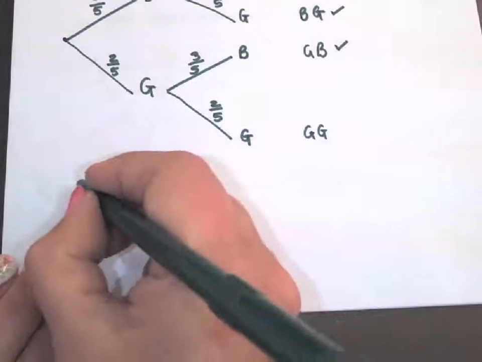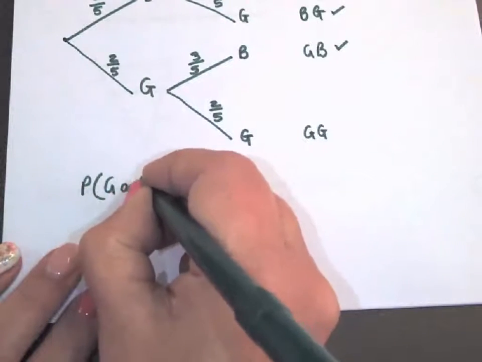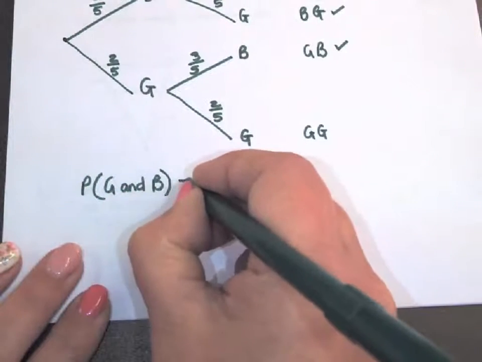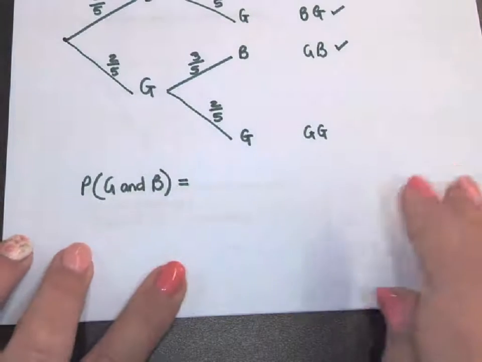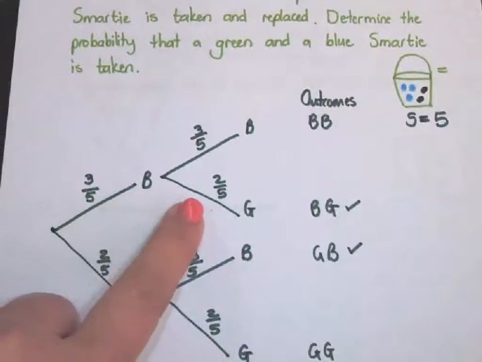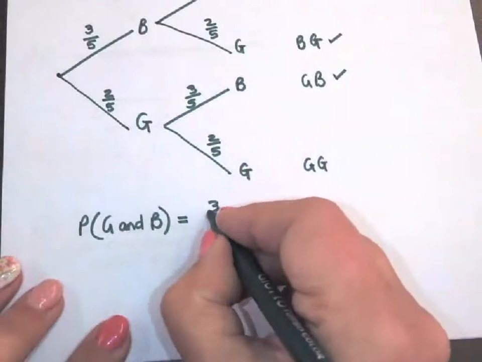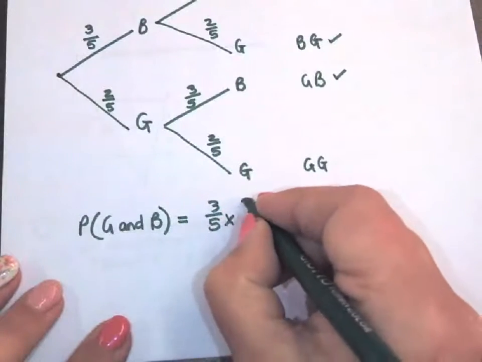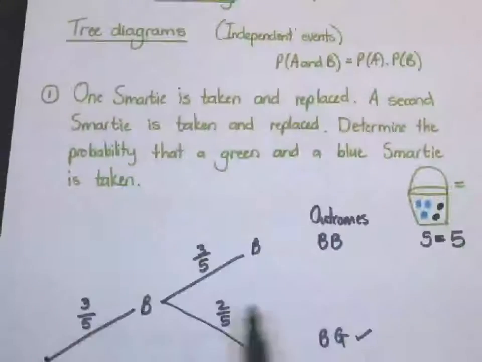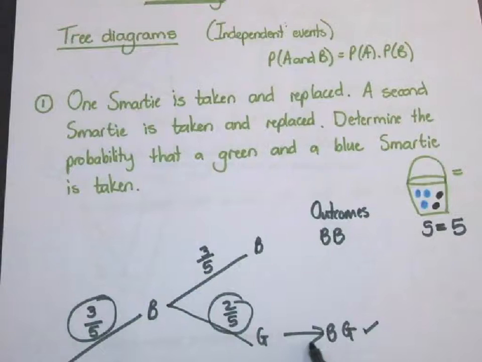Now you write the probability of a green and blue equals these probabilities multiplied. So it's 3 over 5 times 2 over 5. It's this one times this one gives you that one.